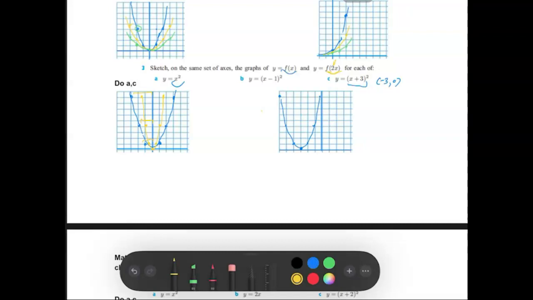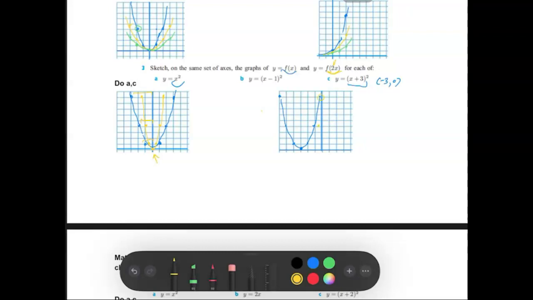The reason why this one is kind of different is before it was kind of easy to see what the center of the compression was because the thing was centered on the y-axis. Now remember, when you do the compression, the part of the parabola that doesn't change position is the part that's on the y-axis. So this point here is going to stay in the same place.